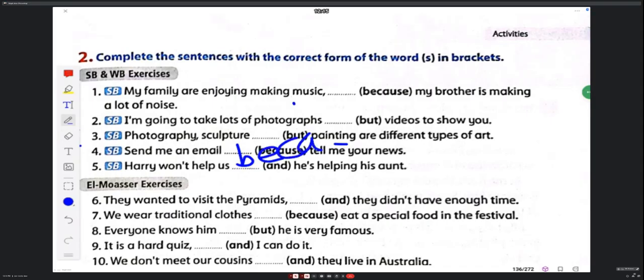Because or but, I feel that both are correct.